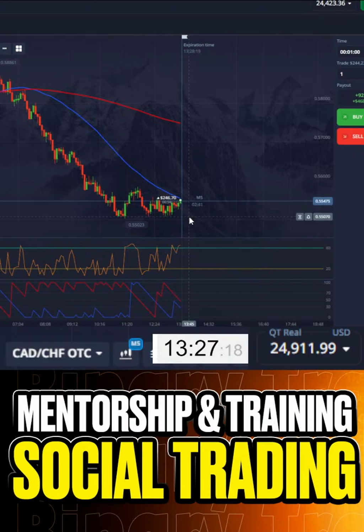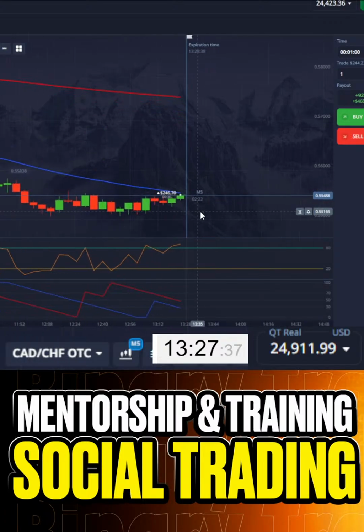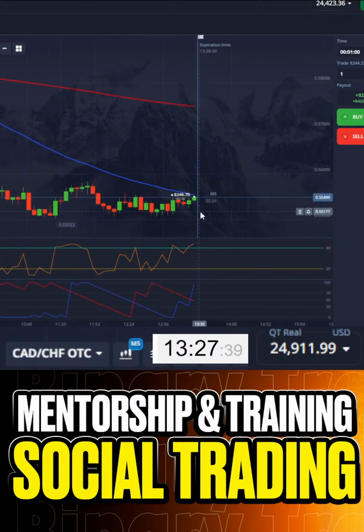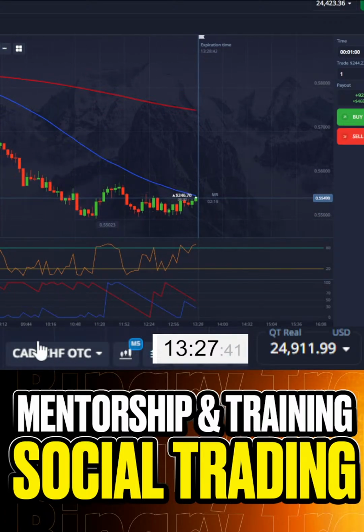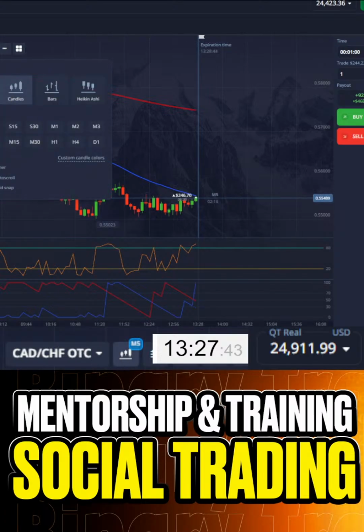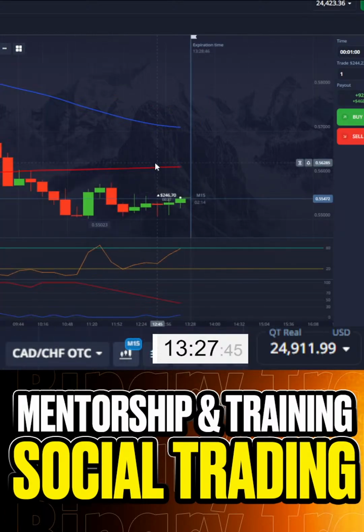We open a trend in a buy because we see that right now we have a good level. This is a level of support, and right now the price should reach it and pull back, and we will see what it is going to give us in just 30 seconds. Let's take a look at the M15. We see that it's not so good.